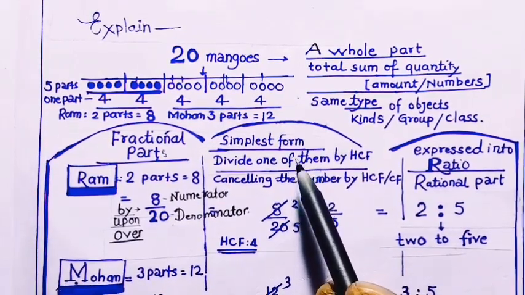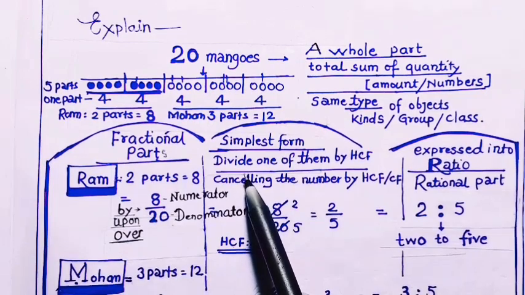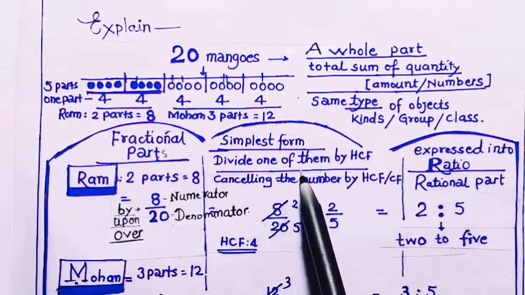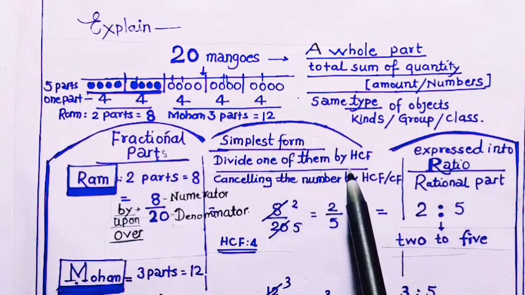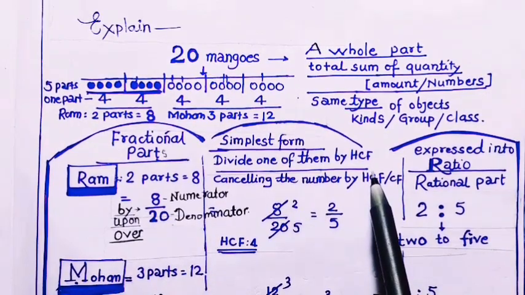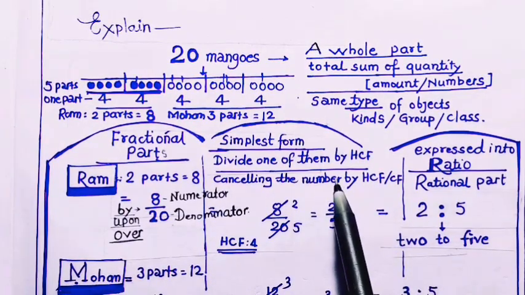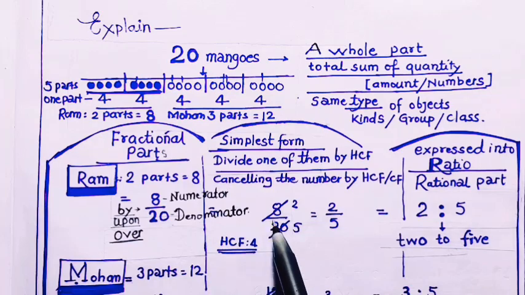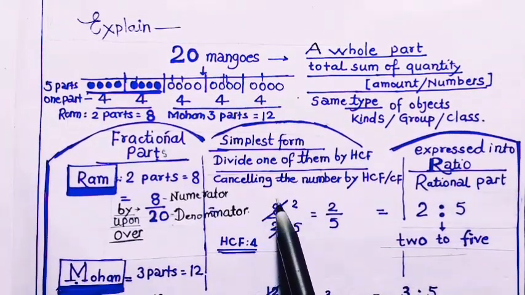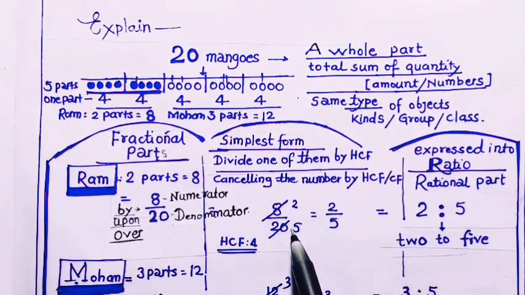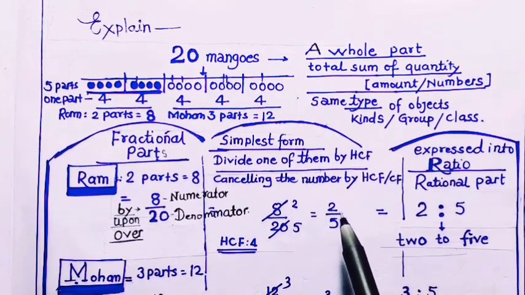Then it will be divided by their HCF. The fractional number will be changed by cancelling the number by HCF.